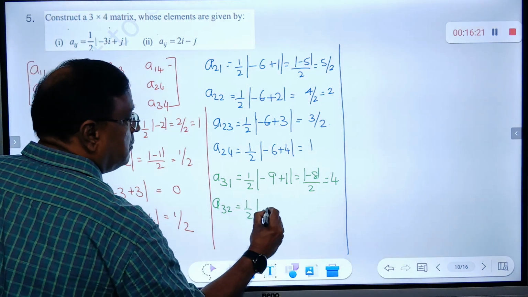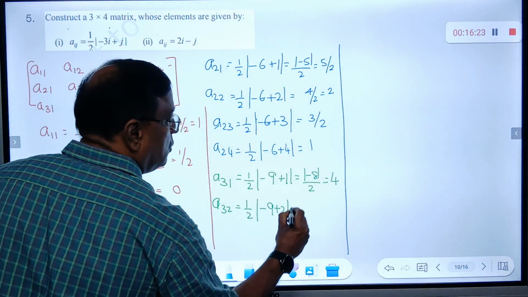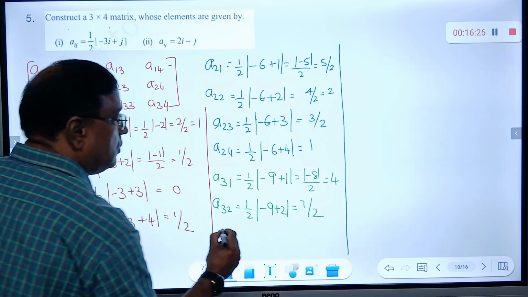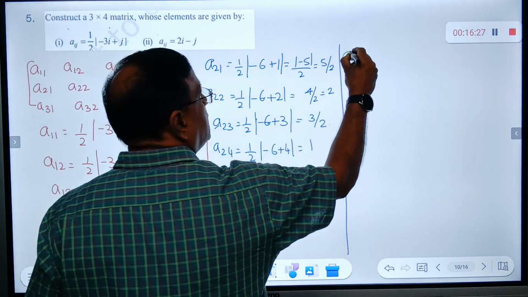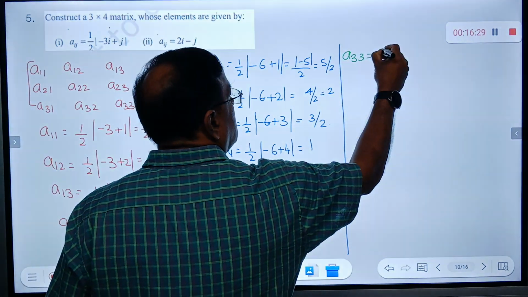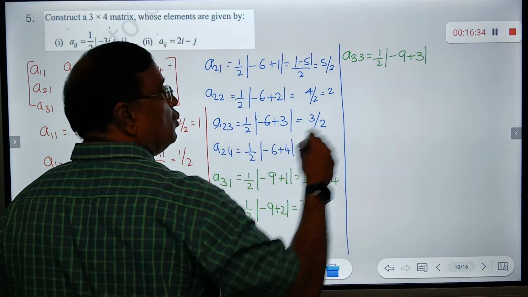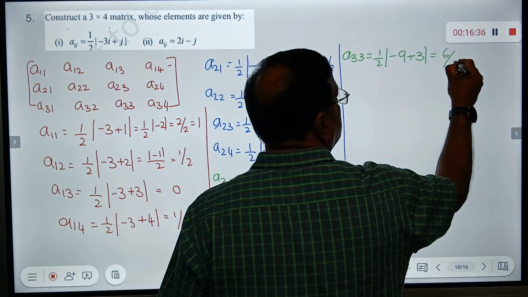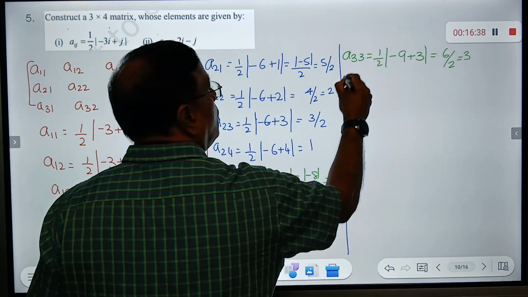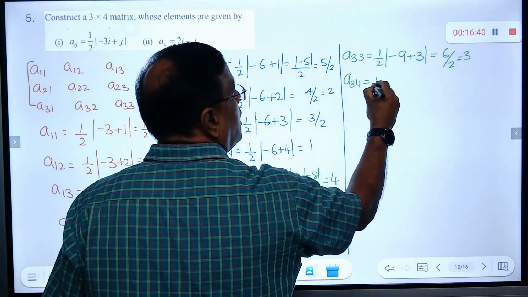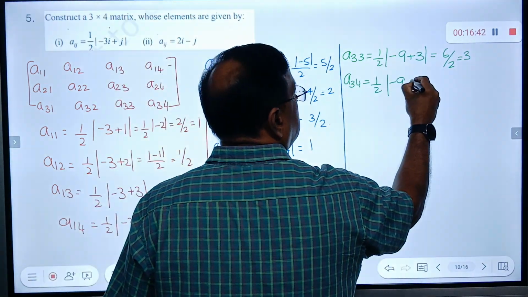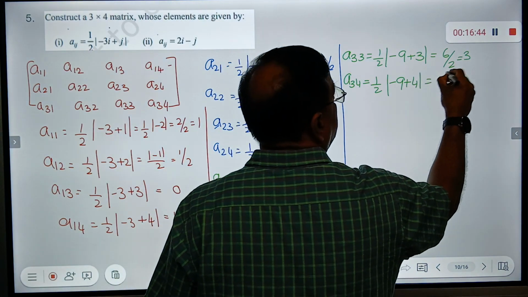Half of minus 9 plus 2, which is 7 by 2. What is A33? Half of minus 9 plus 3, which is 6 by 2, which is 3. What is A34? Half of minus 9 plus 4, which is 5 by 2.